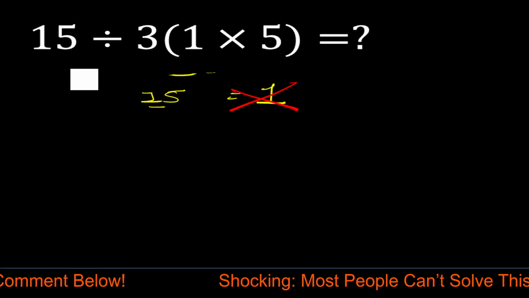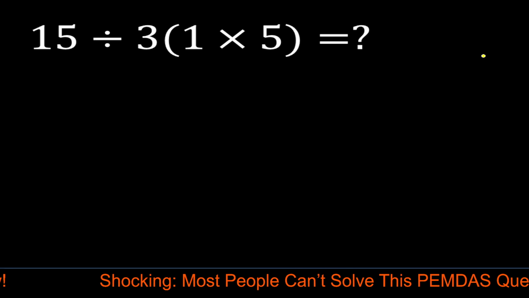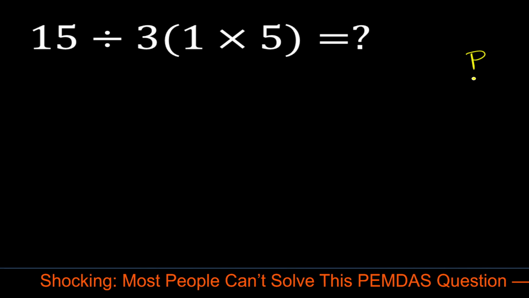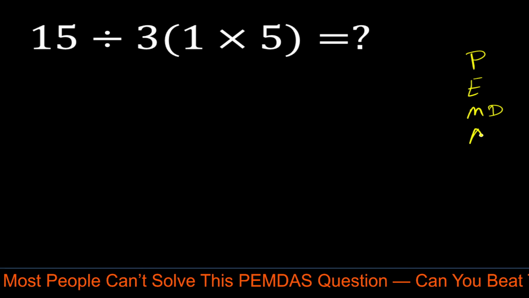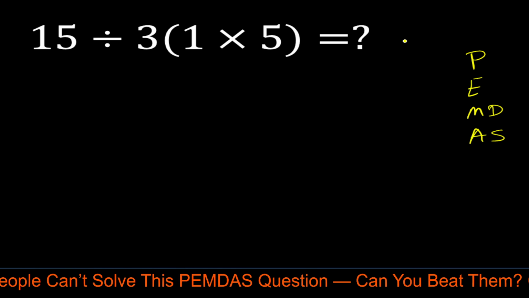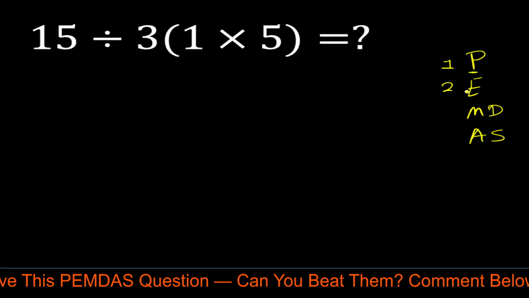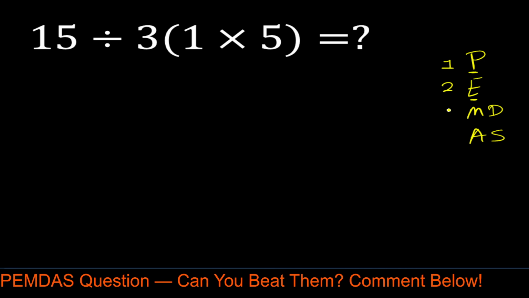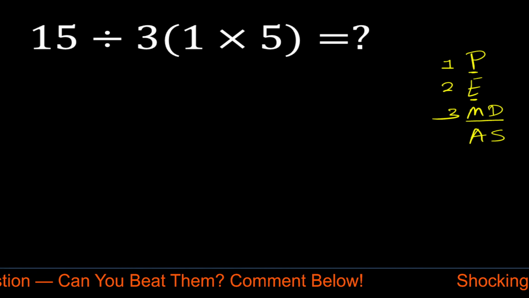So now let's solve this problem correctly by using the PEMDAS rule. So PEMDAS, P-E-M-D-A-S. According to the PEMDAS rule, first priority is parentheses, then second priority is exponents, then third priority is multiplication and division.